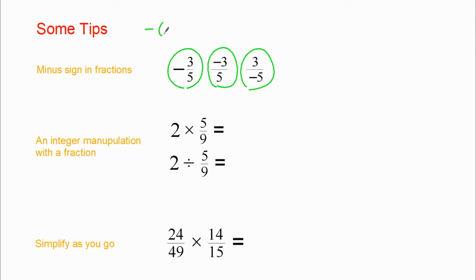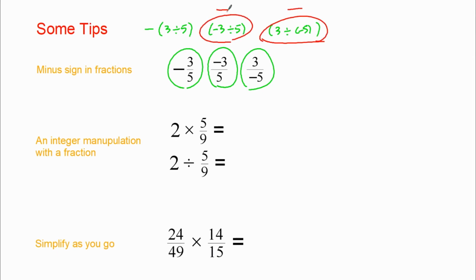So if I write minus 3 divided by 5, or 3 divided by minus 5, because we have a positive and a negative in a division, the final answer is a negative number. So all three of them are the same. Don't be confused, because these are basics for algebra.